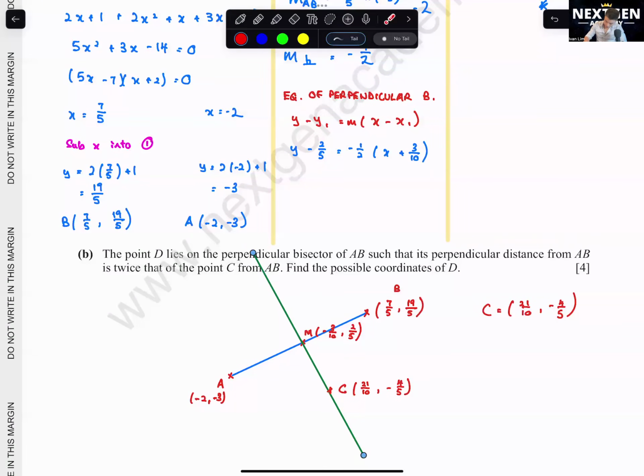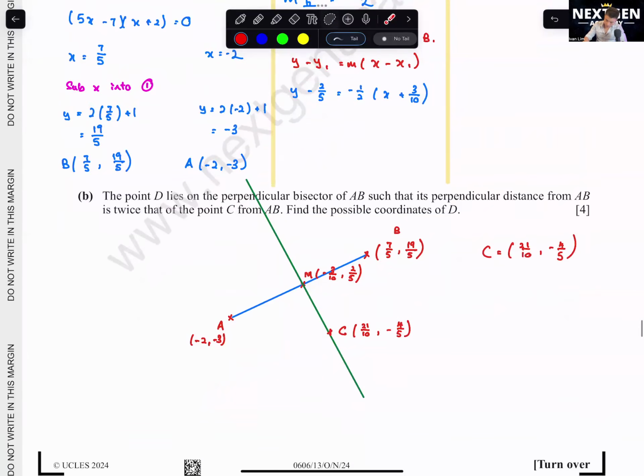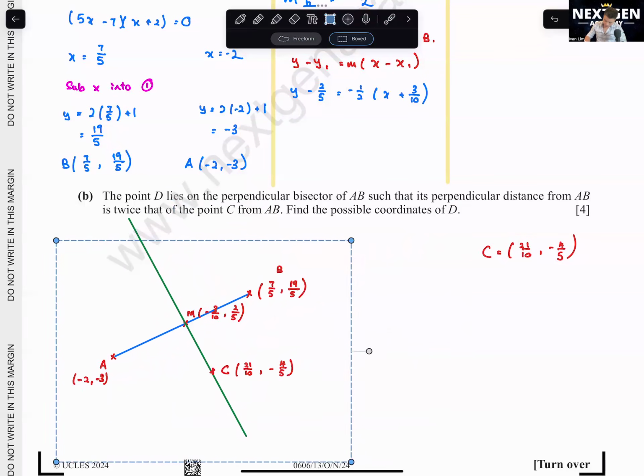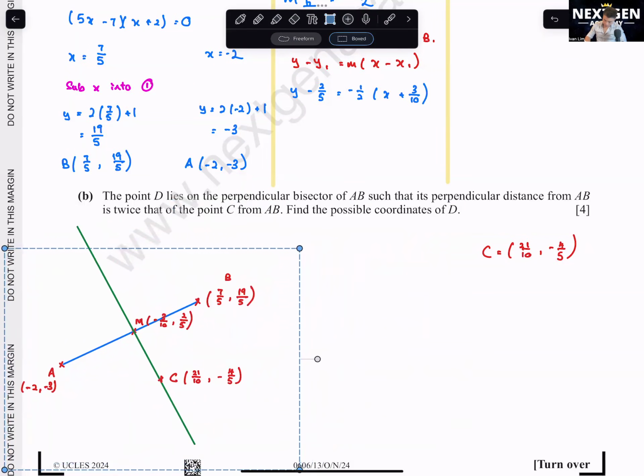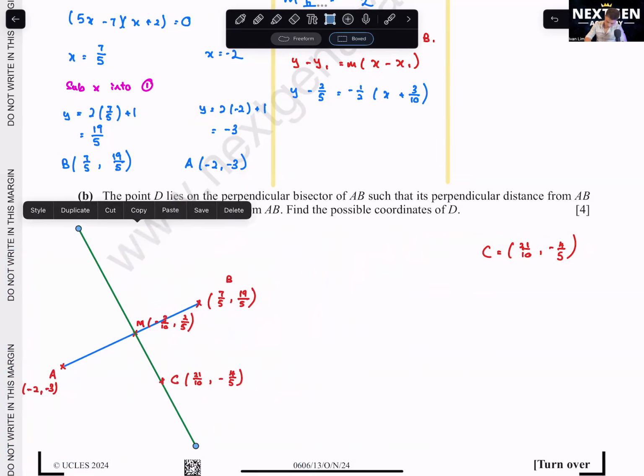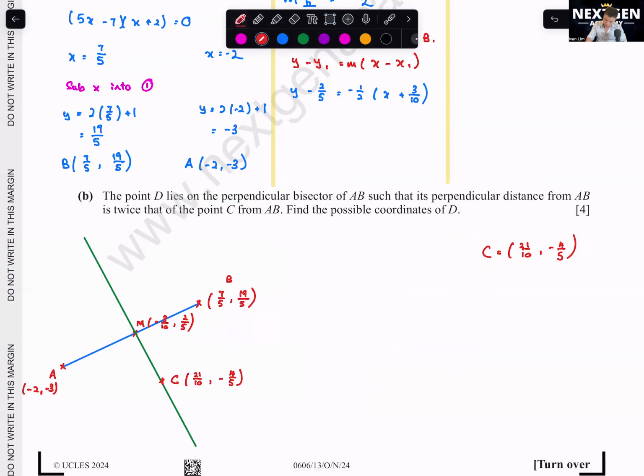I have to draw a little bit bigger for this. Like this. All right, everyone understand the statement here? D can be here or here, either on top or the bottom.